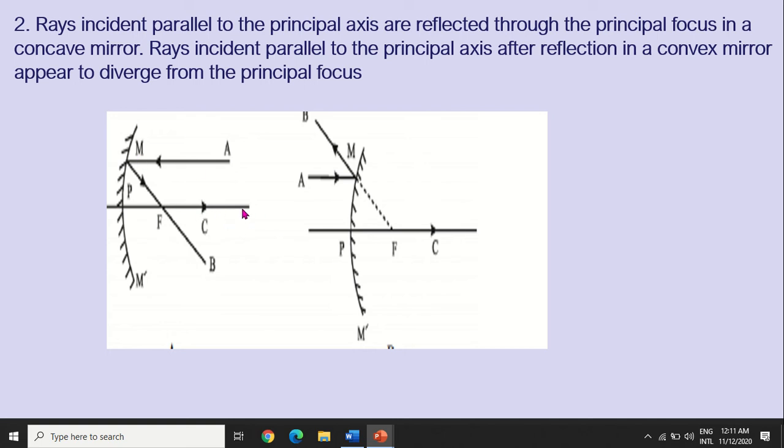You know this is the principal axis, and the rays are incident parallel to the principal axis. So after reflection it will go through the principal focus, and in case of a convex mirror it appears to diverge from the principal focus. That's why we represent that by using this dotted line. Okay.